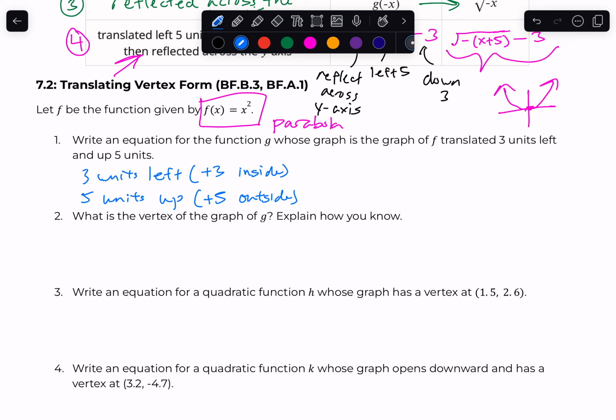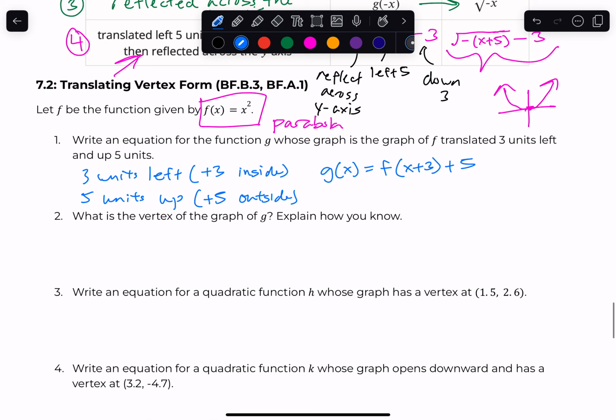Okay? So we would show this in function notation like this. It would be g of x equals f of x plus 3, plus 5.